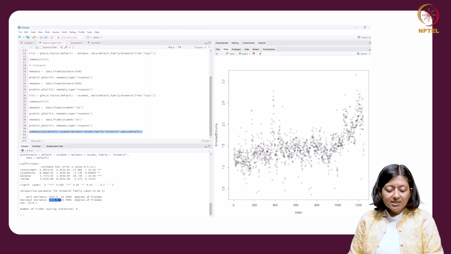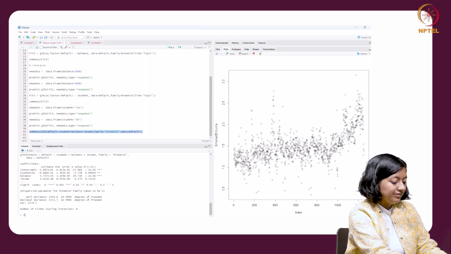Of course, the residual deviance is smaller than the null deviance, which means this model with 3 predictors seems to be a good model, or in other words, a useful model. But is it significantly useful? Let's find out by doing a chi-square test statistic.